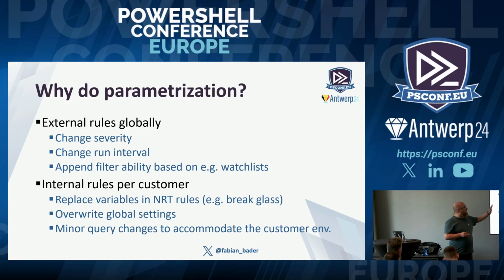And this is where we now have the option to parameterize. So we have our analytic rule that is always the same, but the user object ID is just a variable. And this we can define per customer, and it will be overwritten in the moment we deploy it as an ARM template. We also have the ability to change the runtime. In the do's and don'ts section, I will tell you why this is important.